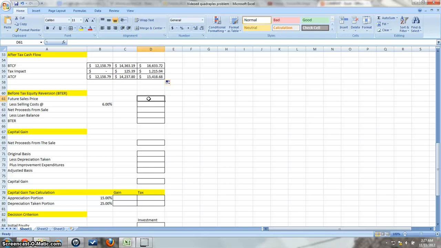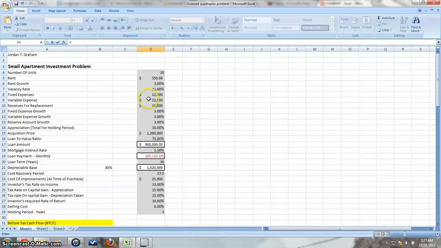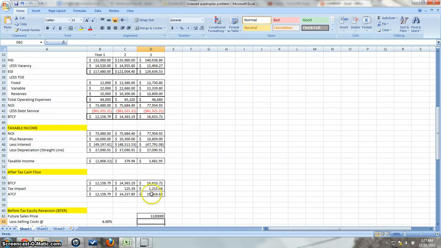Now, future sales price. Working here, we have the acquisition price multiplied times 1 plus, now remember this is a quantity, you want to make sure that you're using that fact, and there's going to be an appreciation, and that's the total for the holding period in this case, so that 10% value right here, and just hit enter.